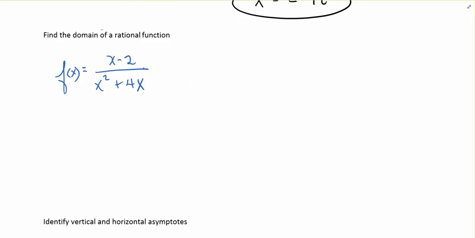Find the domain of a rational function. Well, we looked at that when we graphed one. We said it has a restriction because it can't be 0 on the bottom. So here's your technique. Take whatever's on the bottom, take it over here and set it equal to 0.